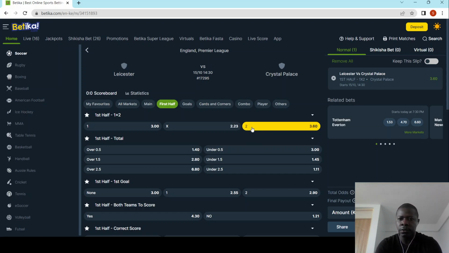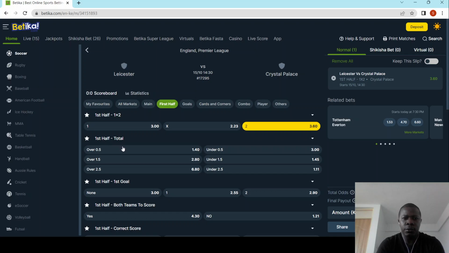So all these you can also place an odd on, first half 1, x or 2. And again, the odd here is multiplied with what you've staked. It could be 50 shillings, it could be 100 shillings. You can place that. Now, that is one.